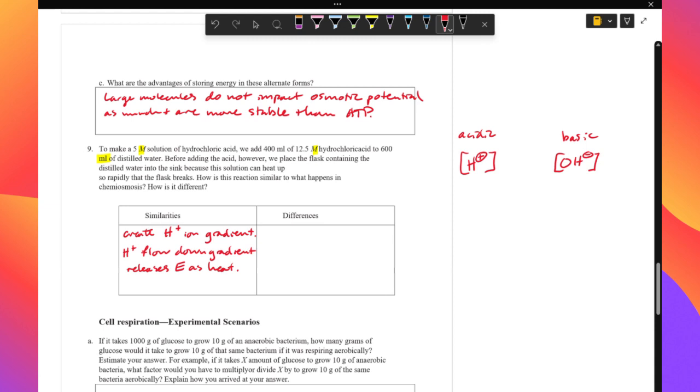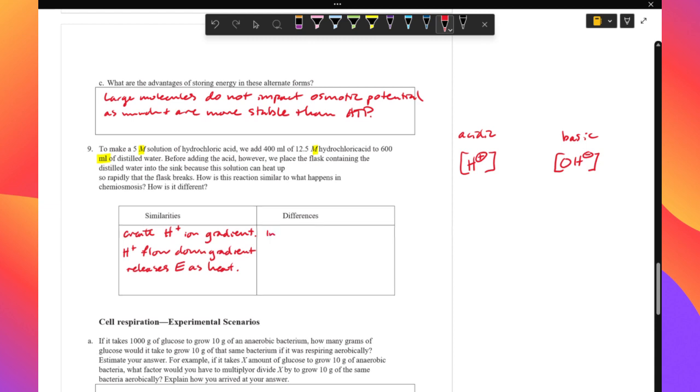Key differences are that chemiosmosis also sets up a proton gradient. However, the energy release is controlled. It's controlled as these protons pass through the ATP synthase molecule, and ATP is generated.